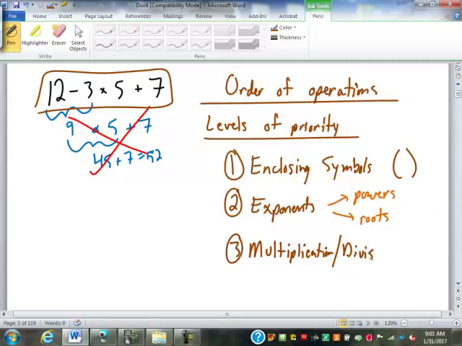So, of course, that does include division. And the final level of priority, the lowest level of priority, level 4, is addition. And yes, because subtraction is part of addition, that goes there too.